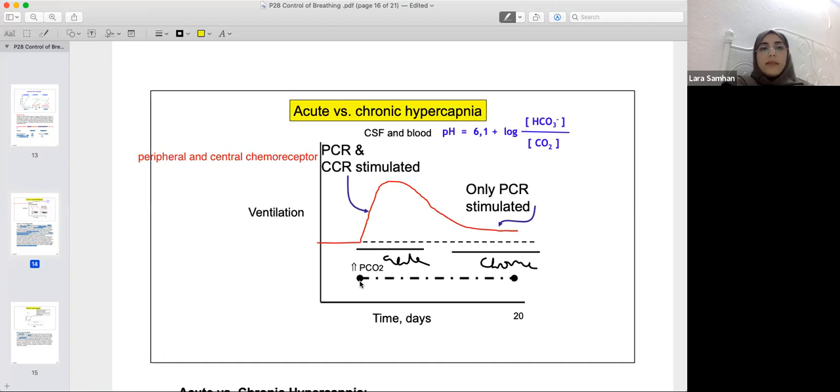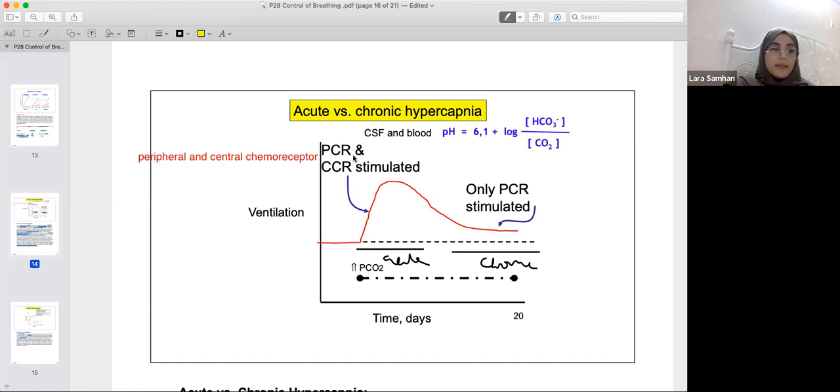How would this happen? By the chemoreceptors, which are the PCR, the peripheral, and the central chemoreceptor. We try to compensate by hyperventilating, by tachypnea, by having vasoconstriction, increasing the blood pressure and everything, so that we increase the level of oxygen in the blood.